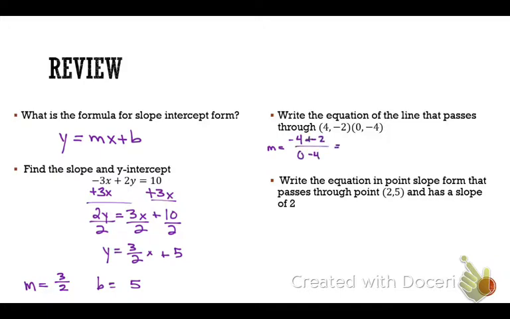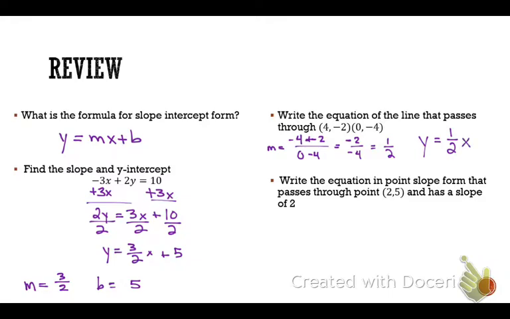So that's going to be negative 2 over negative 4. But that's positive 1/2. I reduce it, and I know I'm dividing a negative by a negative. 2 negatives is a positive. So y equals positive 1/2 x.